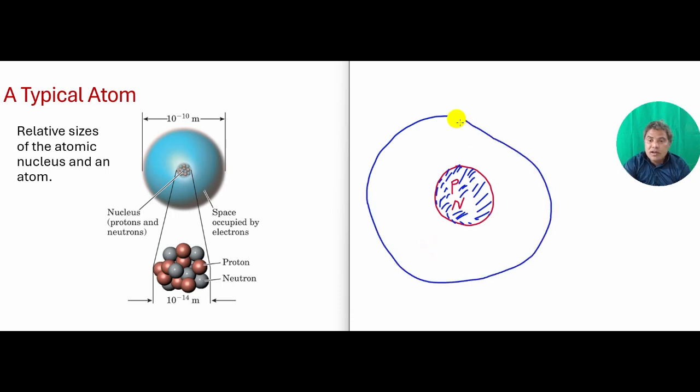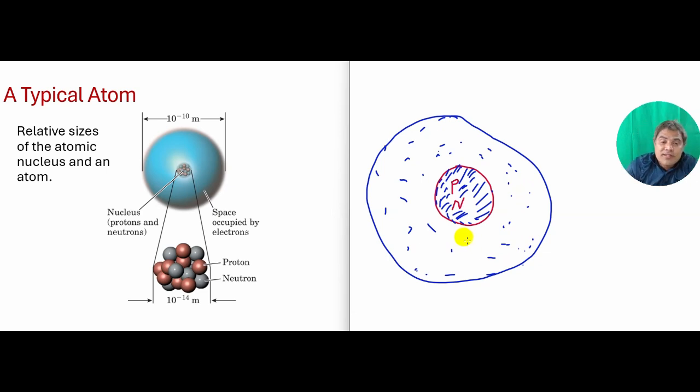For example, if my head is the nucleus, whatever region is around my head is the place for the electrons. That's the house of the electrons. Electrons can be found in this outer region, and in the core region the proton and neutron can be found.